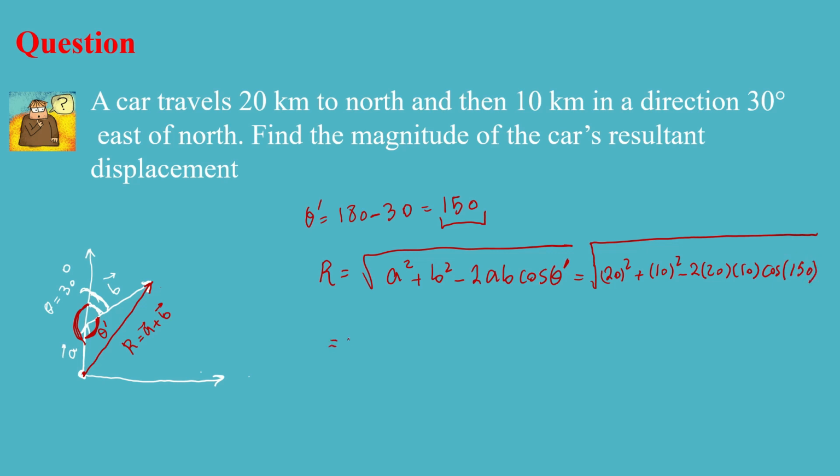And then it's equal to 400 plus 100 minus 400 times minus 0.8, and that is equal to 820.